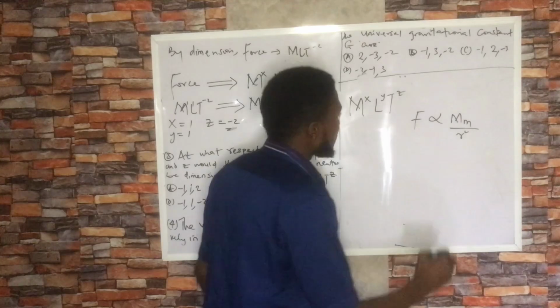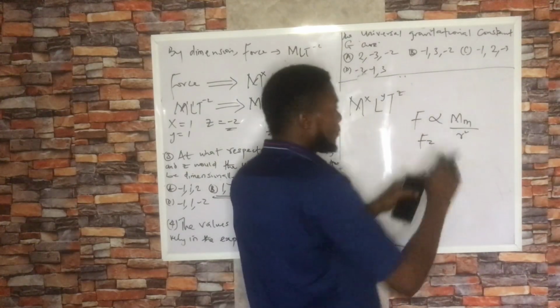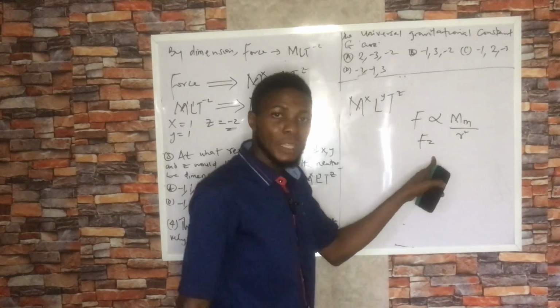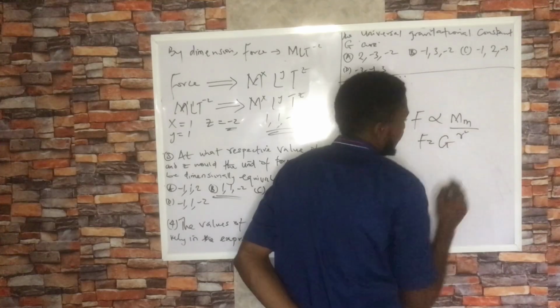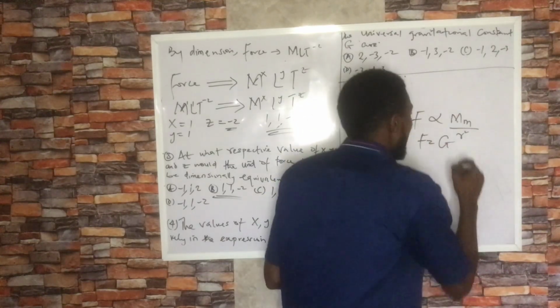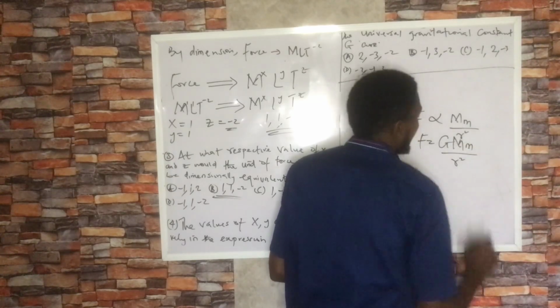Now, if you express this, to remove the proportionality sign, you bring in a constant. The constant used here is G. This is the universal gravitational constant they are talking about. And capital M small m over r squared. Get it now?